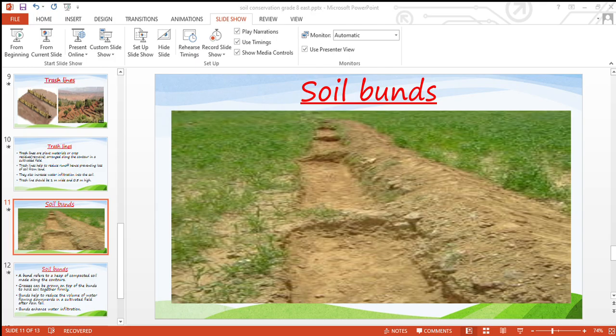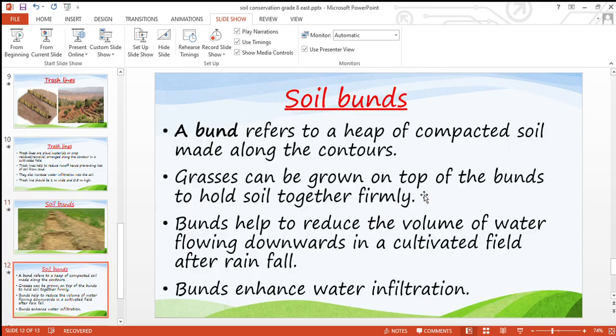Now, when you talk of soil bunds, a bund refers to a heap of compacted soil made along contours.